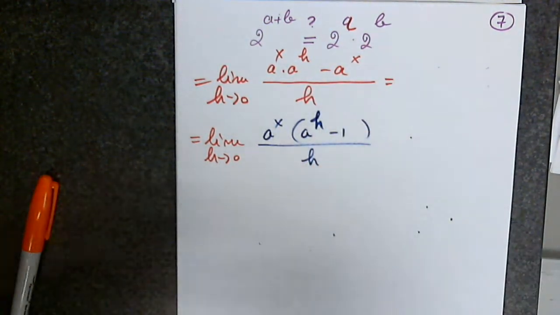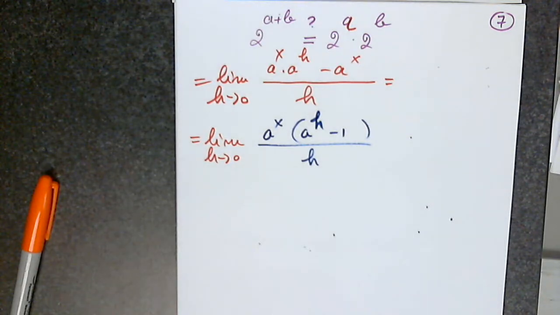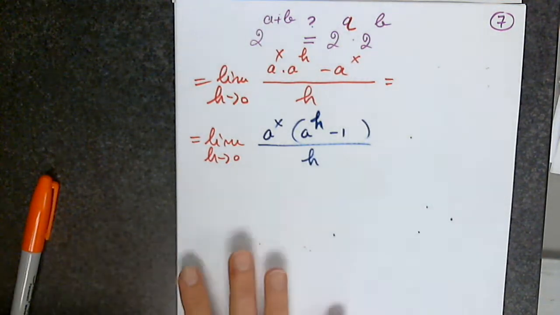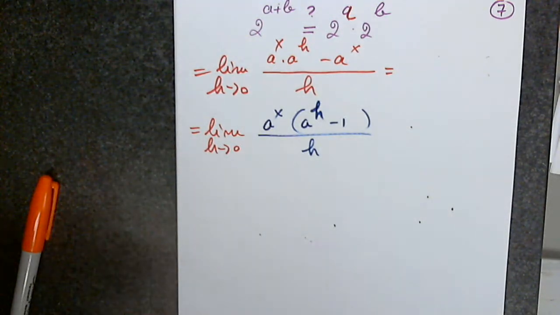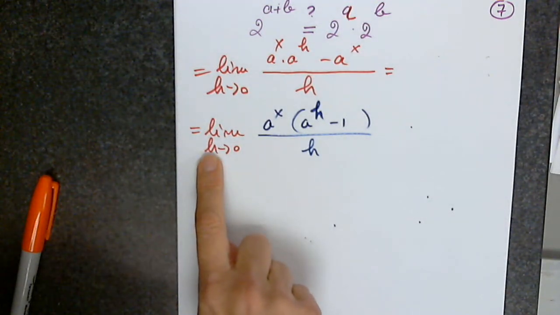Very good. So here's a question now. What is the variable in this problem? Look carefully and say what the variable is, because I see 3 letters. I see a, I see x, and I see h. But only one of them is the variable in the problem. Exactly. Only h is the variable in the problem.